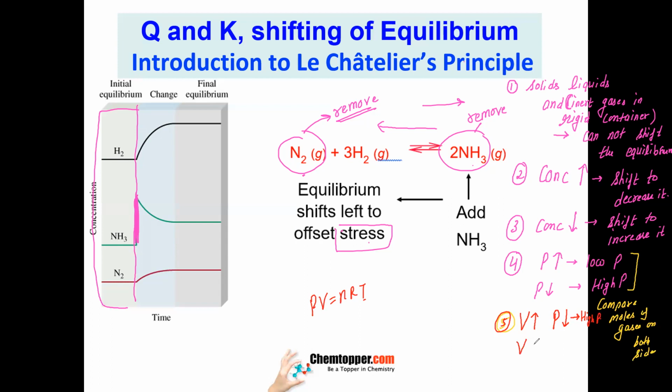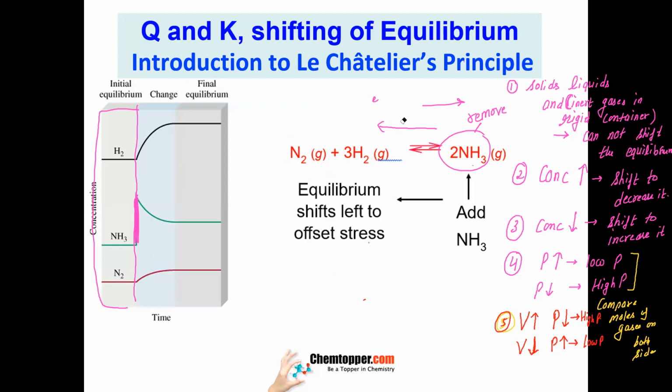If I decrease volume, then what happens to pressure? Pressure will increase. And if pressure increases, equilibrium will shift in the direction of low pressure. This is your comparison of the volumes and pressure.